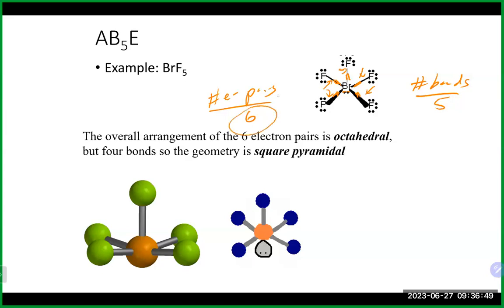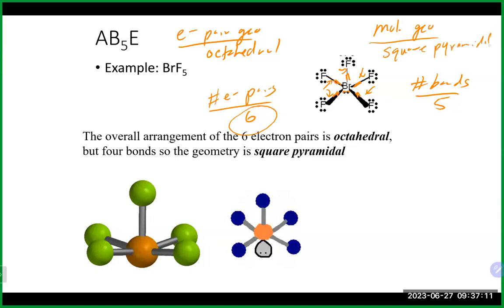And once again, those 6 electron pairs give us an electron pair geometry also of octahedral. Again, the presence of those non-bonding electrons, and really only the 5 atoms that are bonded there, will give us a molecular geometry, our shape, of square pyramidal. It kind of makes a square with this pyramidal type of shape. The bond angle is also 90 degrees here as well.